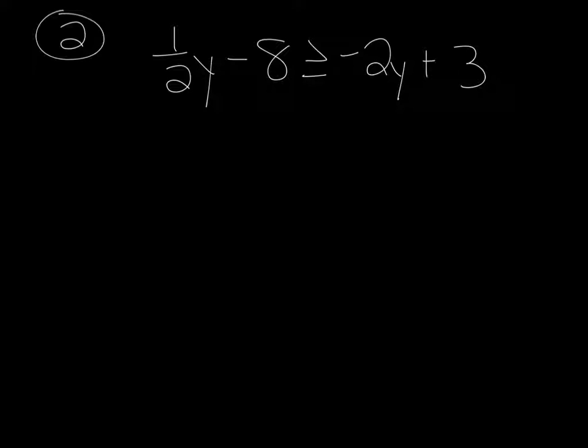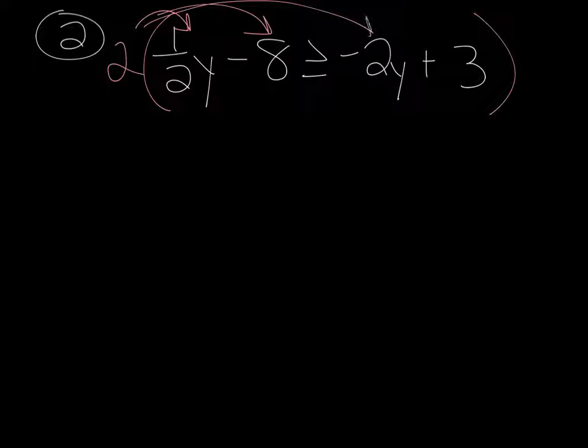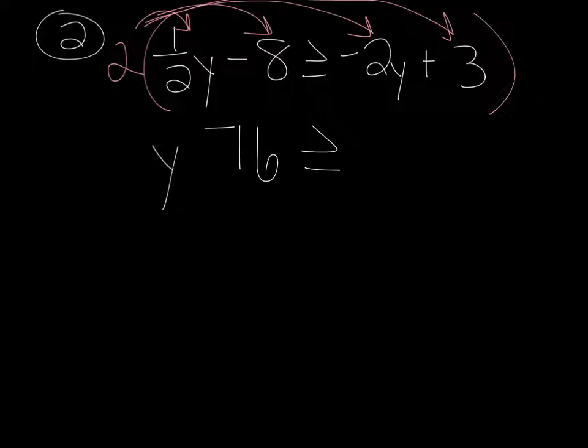I'm going to show you an alternate way to get rid of this. If you have a fraction in a problem, you can look at the denominator and multiply the whole thing, everything, by that denominator. So I'm going to multiply the whole thing by 2. Basically, you distribute it, so you have to multiply everything by that. So 2 times a half, the 2's cancel, and you're left with y. 2 times negative 8 is minus 16. 2 times negative 2 is negative 4y, and 2 times 3 is 6.